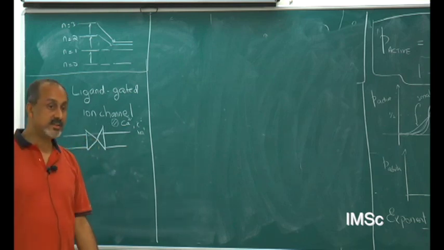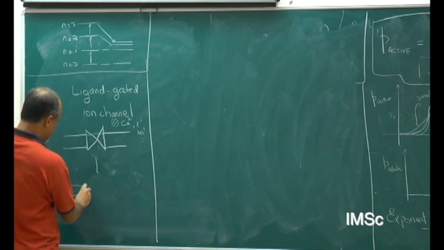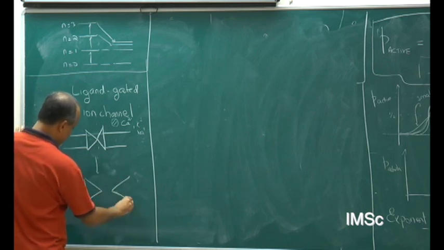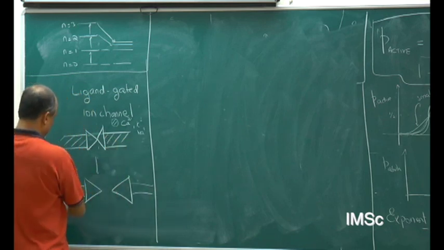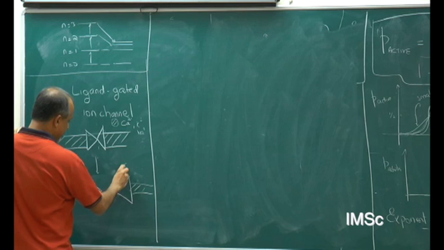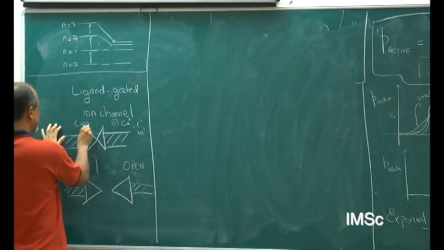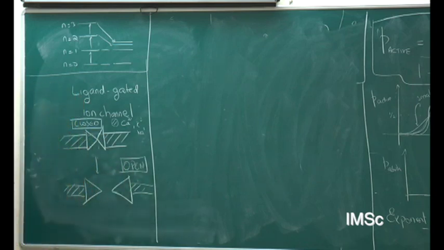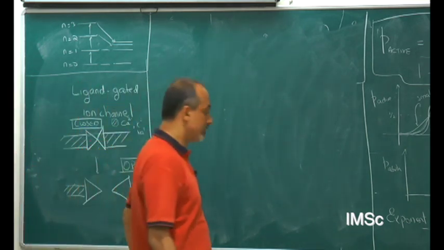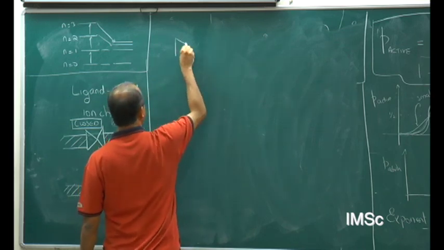Okay? So whether a ligand has bound or not determines whether it switches from a conformation like this to a conformation like this. So here is a bilayer, and this is an open configuration of the ion channel, and this is a closed configuration of the ion channel. So open and closed are like our old active and inactive. You can have a situation where, so let me just draw the channel for you.